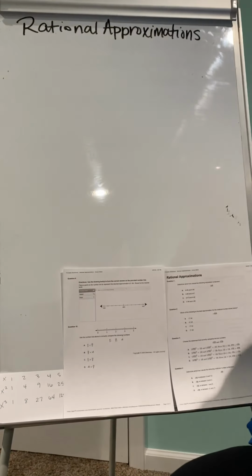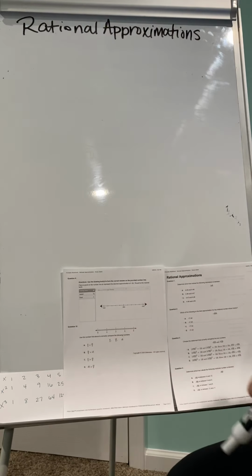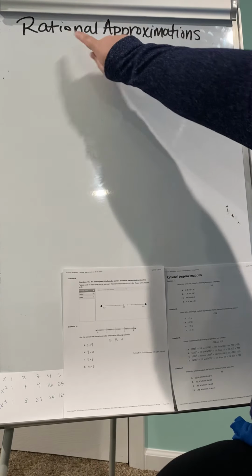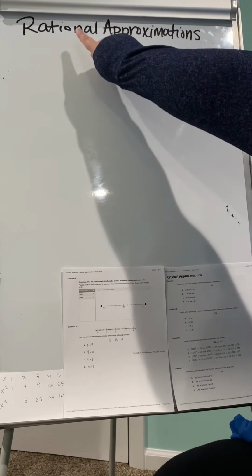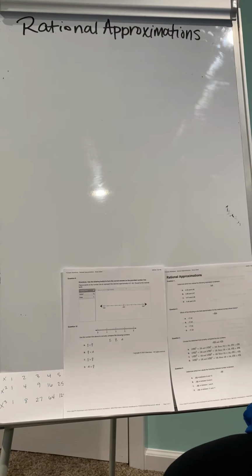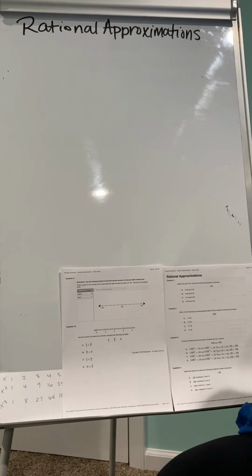What this is basically asking you to do is to take a number that is irrational, that does not have a way of being written as a fraction, and make a rational approximation. So when we take a number that is irrational and we round it, we are creating this approximation that is a rational number, okay?